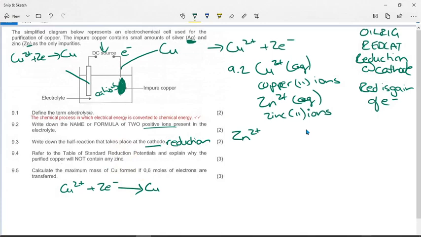The Zn2+ ion is a weaker oxidizing agent. You can also possibly write that Cu2+ is a stronger oxidizing agent, but we're more interested in the zinc. Okay, so Zn2+ is a weaker oxidizing agent than the Cu2+.